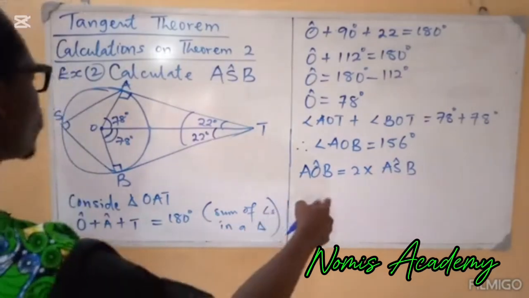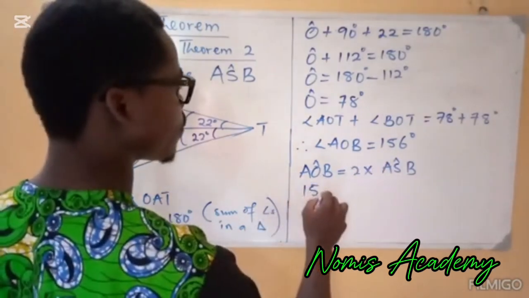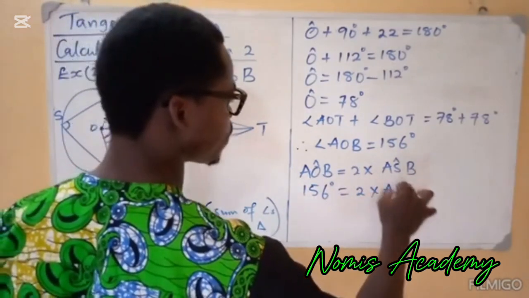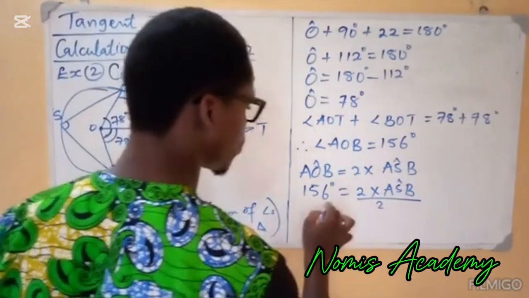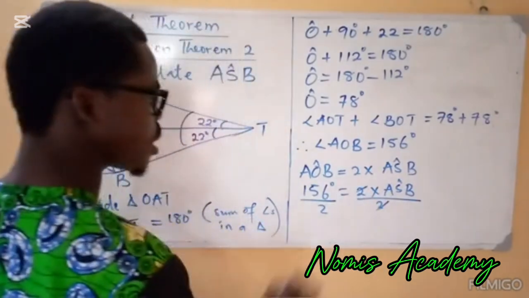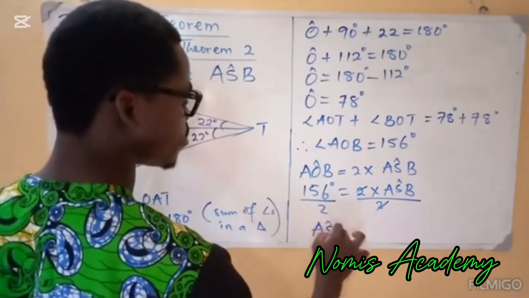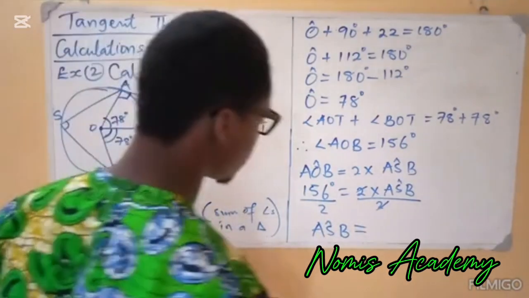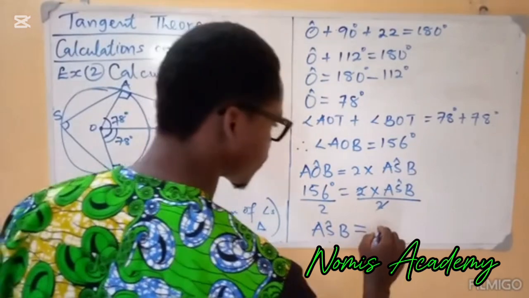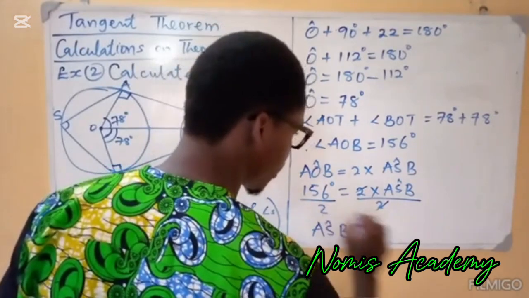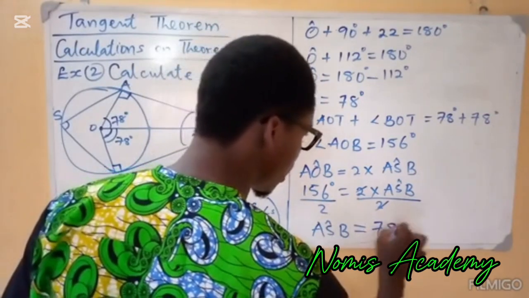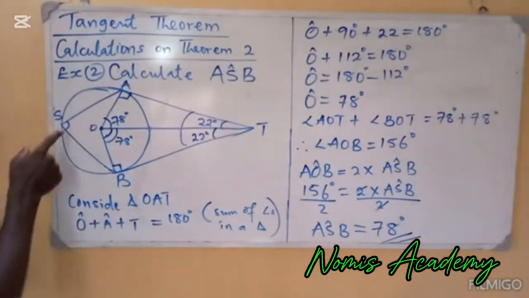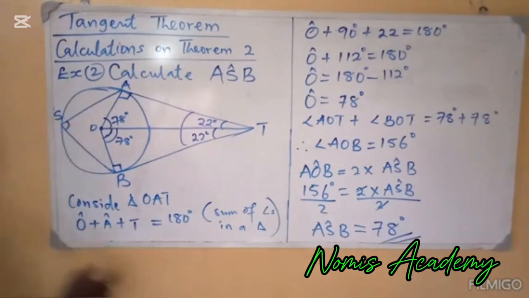So AOB is 156 degrees, equal to 2 times ASB. So divide both sides by 2. You can now see that ASB is equal to half of this, which is 78 degrees. So it means that angle at this point S is equal to 78 degrees.